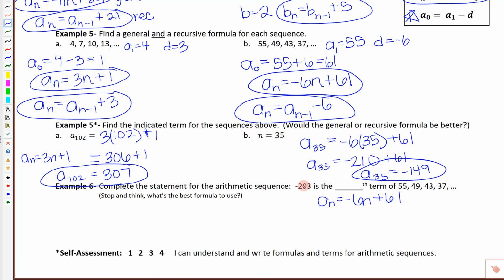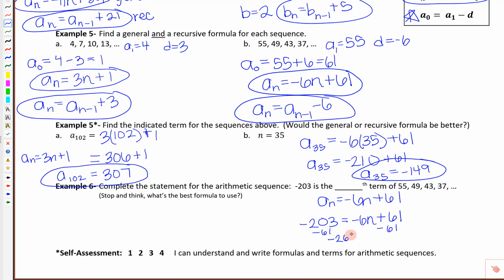So they told us what it is going to be, so negative 203 is the value of that term, and we're trying to figure out what is its place, what term. So we're going to say negative 6n, so we don't know what term it is, so we don't know the n. Okay, so now we're just going to solve this. Minus 61.